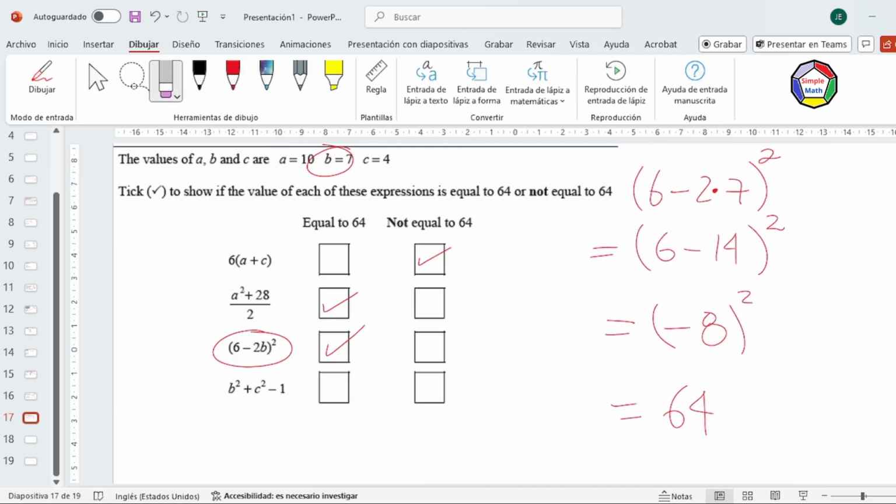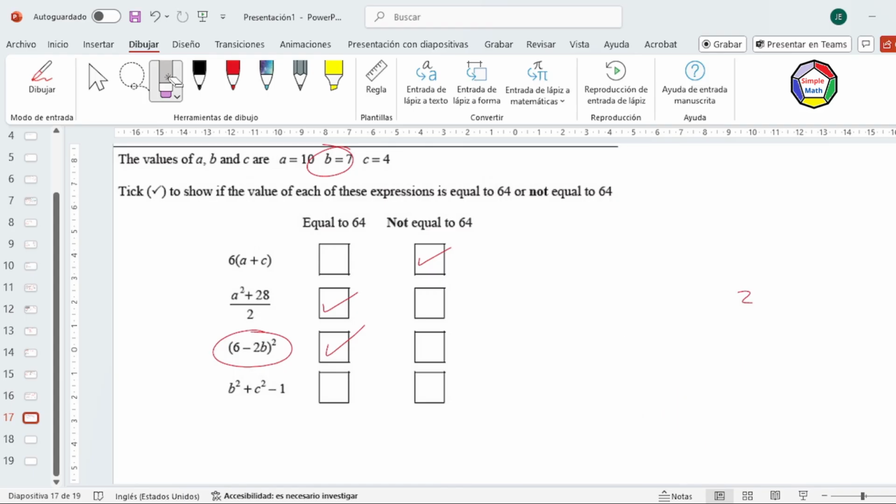So let's solve the next one. The only thing you have to do in this kind of exercise is substitute, and that's it. I'm going to solve the next one. It says b squared plus c squared minus 1.